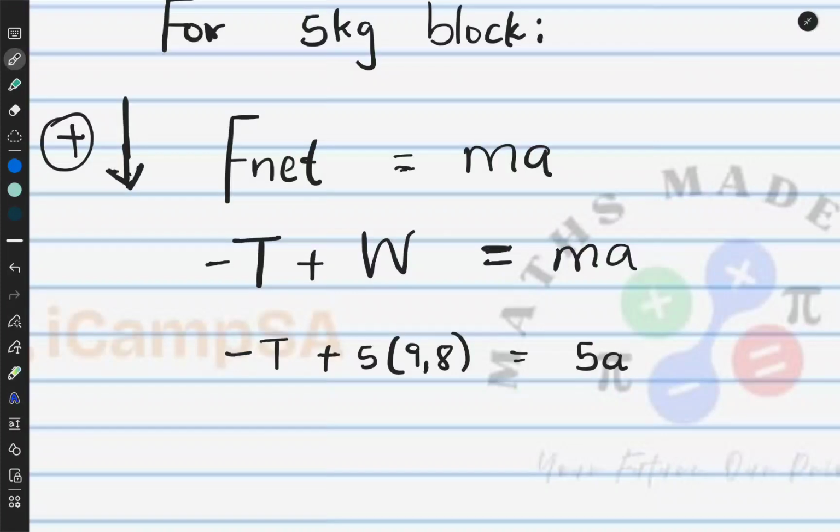This means T is simply 5 times 9.8, 49 minus 5a. That's our equation 2.